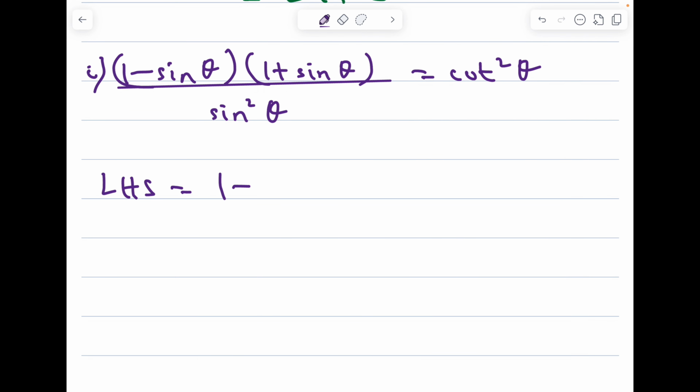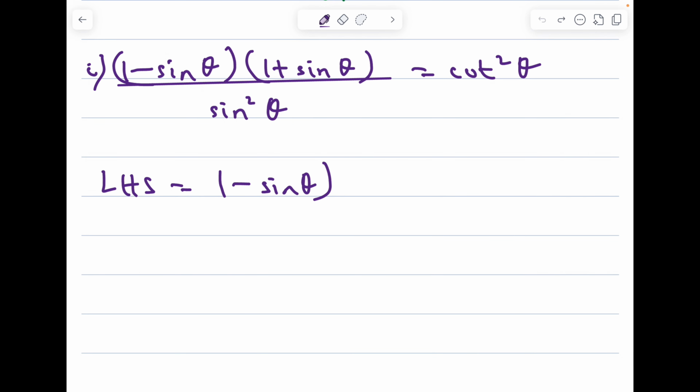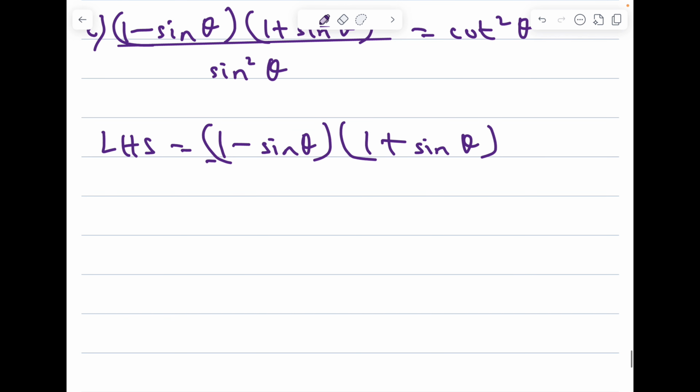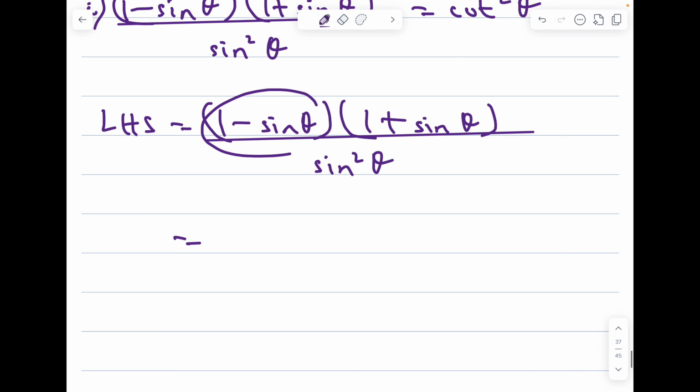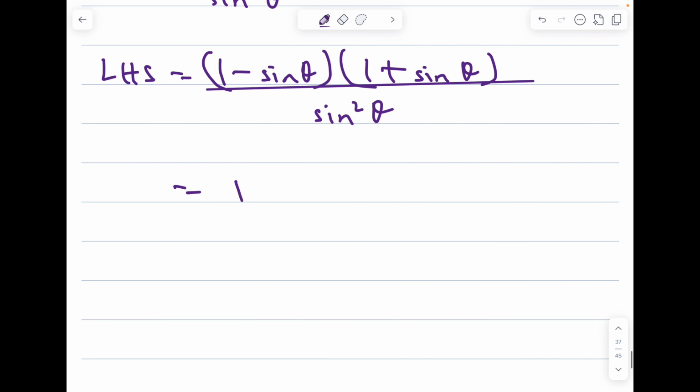Left hand side is (1 minus sine theta)(1 plus sine theta) all over sine square theta. That's the same as, we can see that (1 minus sine theta)(1 plus sine theta) is a difference of two squares.